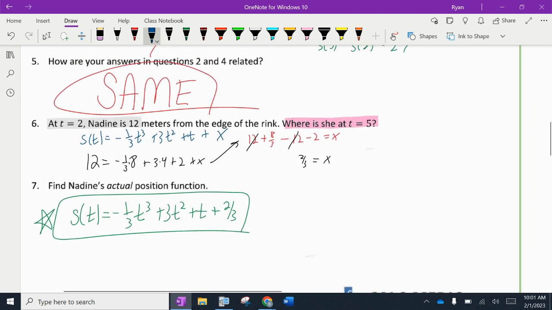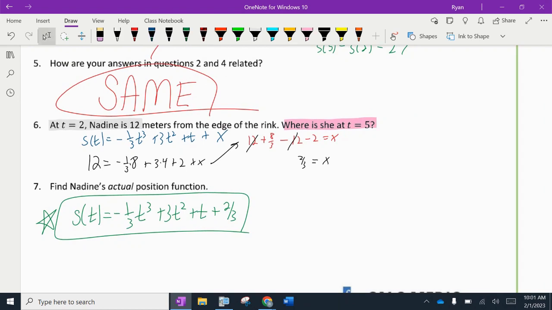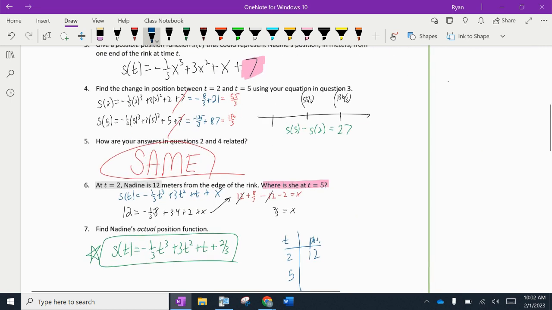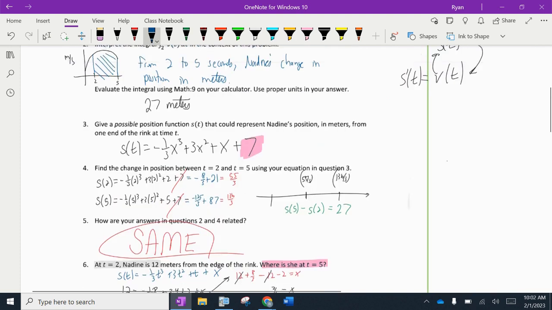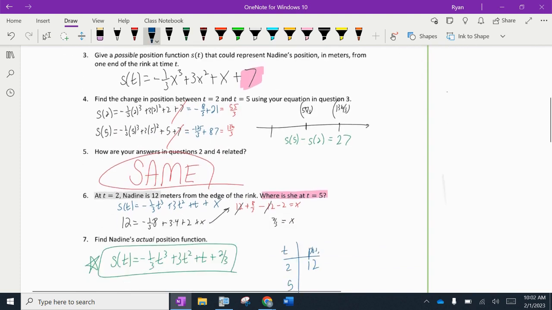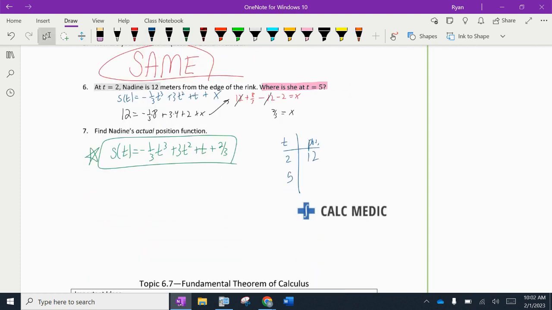There is a quicker way, though. If Nadine at 2 seconds is at 12 meters, then where is she at 5 seconds? Remember earlier we said that her change in position, her displacement, was 27 meters. So if she was here at t equals 2 at 12, where should she be at 5 seconds?